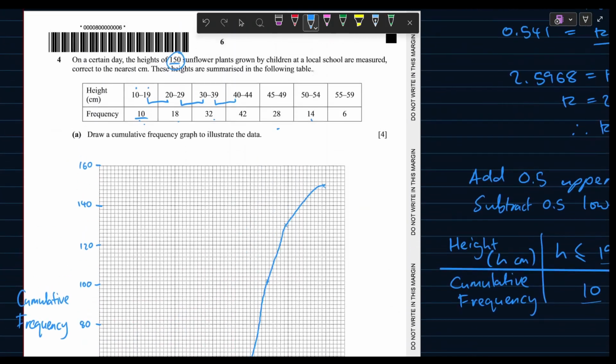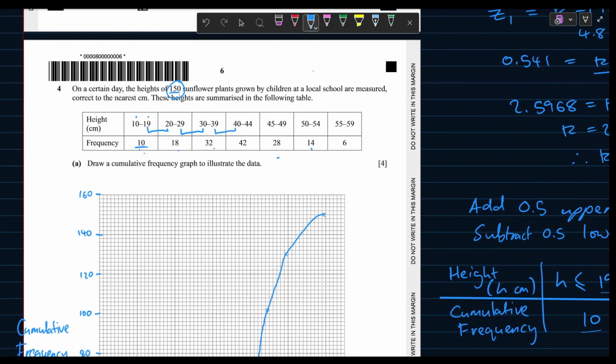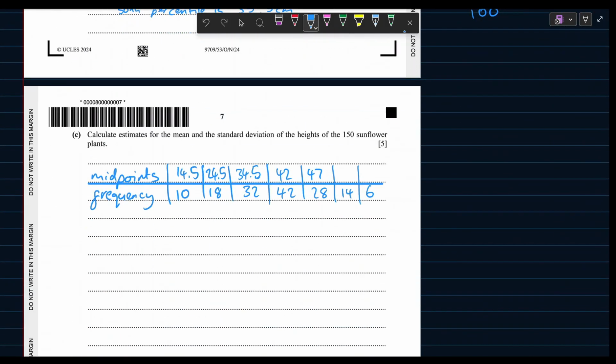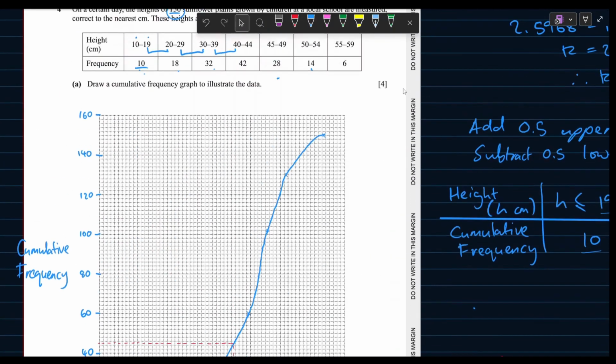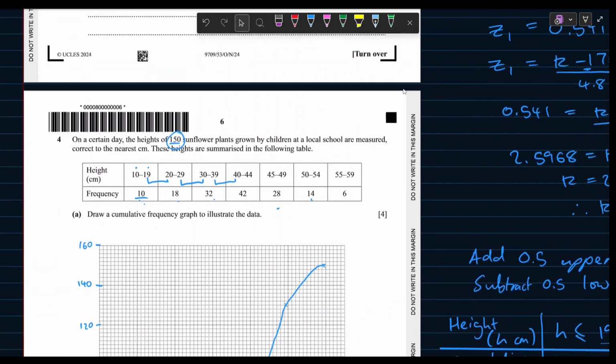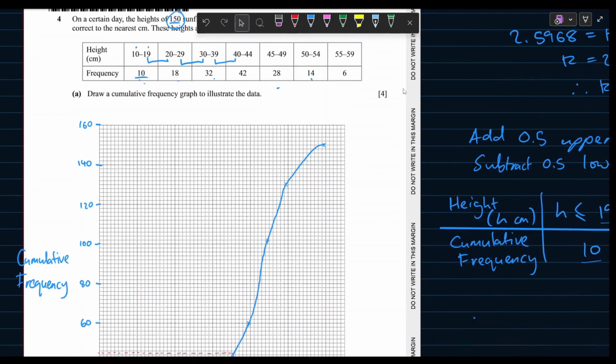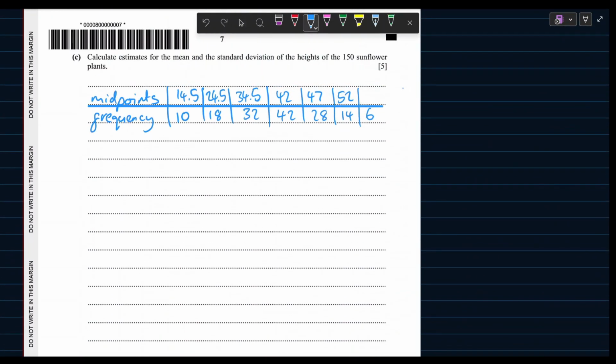And then for the next one after that, 50 to 54, the midpoint is going to be 50 plus 54 over 2, that's just 52. And then for the last class, that's going from 55 to 59, so our midpoint is 57.